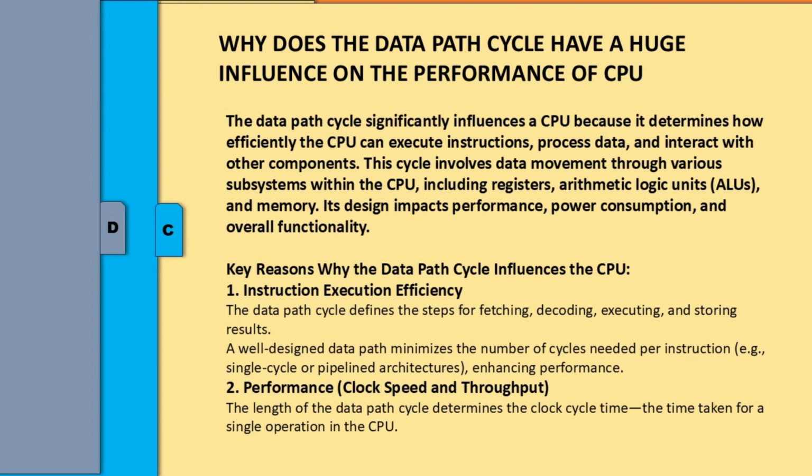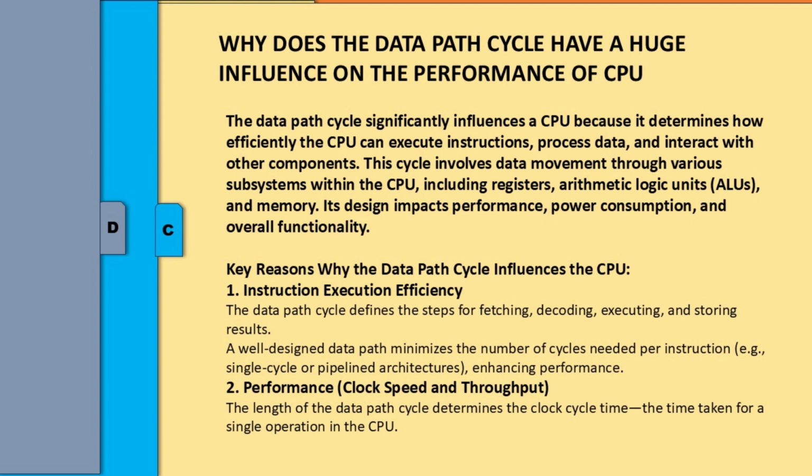The cycle involves data movement through various subsystems within the CPU, including registers, arithmetic logic unit, ALUs, and memory. Its design impacts performance, power consumption, and overall functionality. Key reasons why the data path cycle influences the CPU.